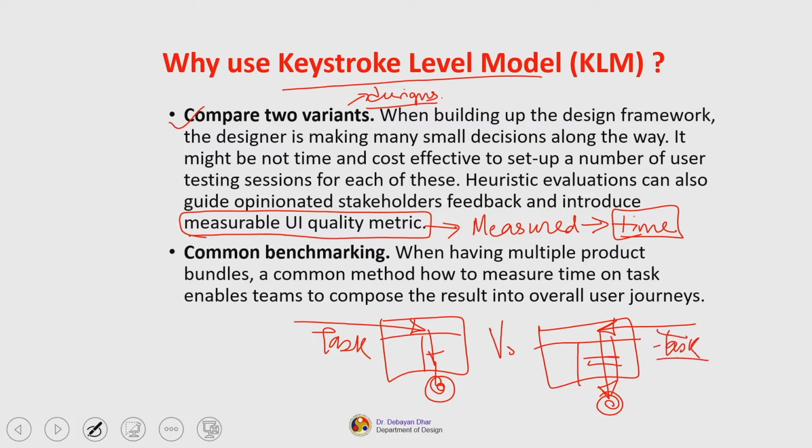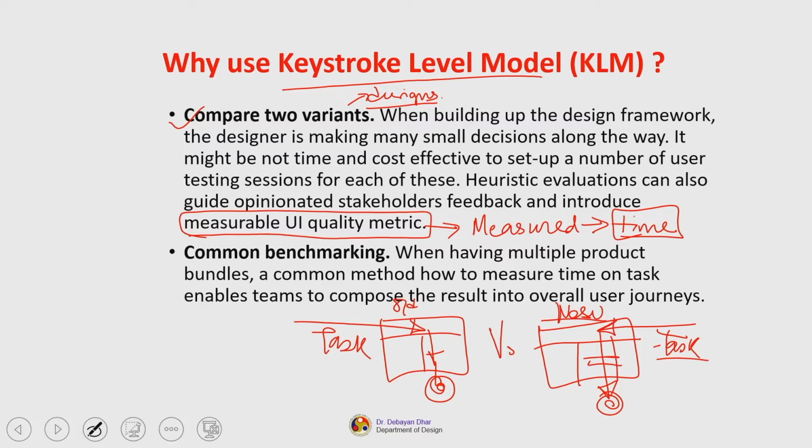Now, based on this KLM model, you are going to measure time, which is a UI quality metric in terms of the task that is being executed through your proposed design. So, here you are comparing between the old versus the new. That is what we are saying as comparing two variants.